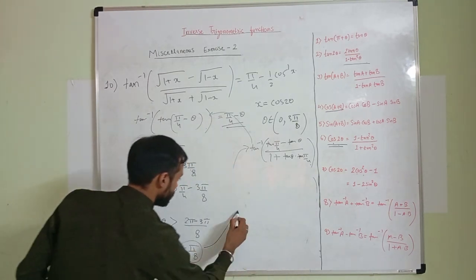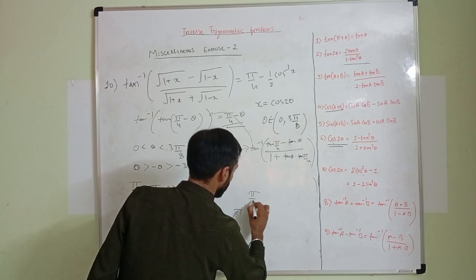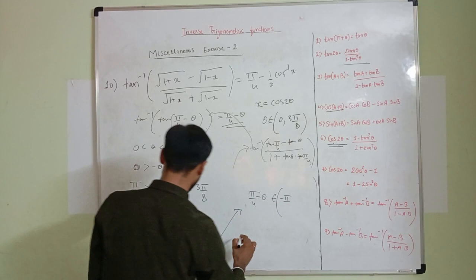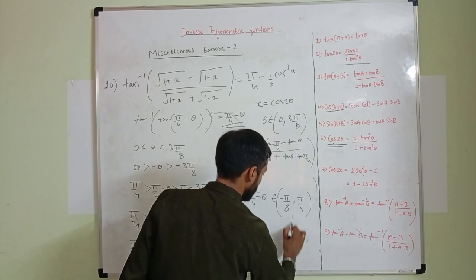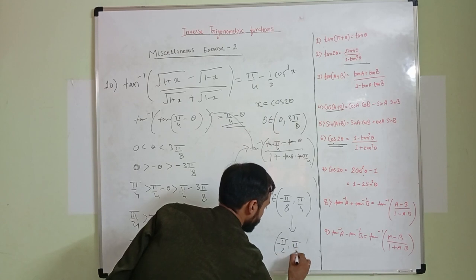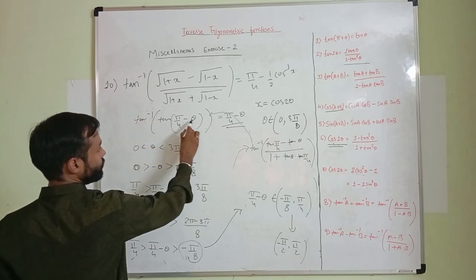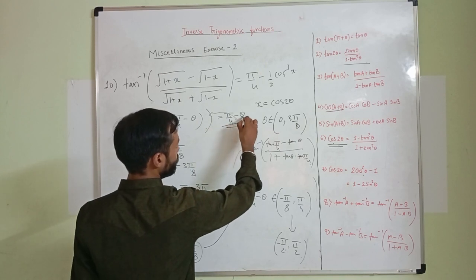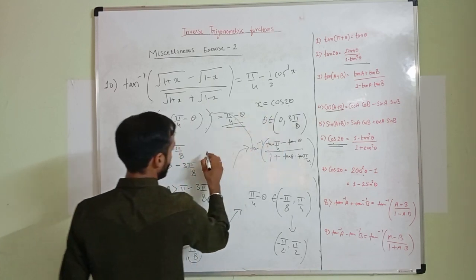From this condition we can see that this is a subset of minus pi by 2 to pi by 2, hence for tan inverse of tan of pi by 4 minus theta we can write pi by 4 minus theta. And in place of theta we are placing the value, so x equals cos 2 theta.